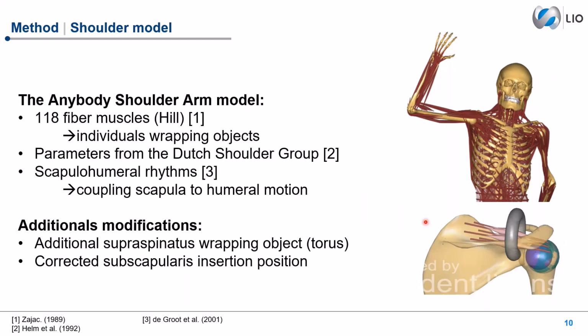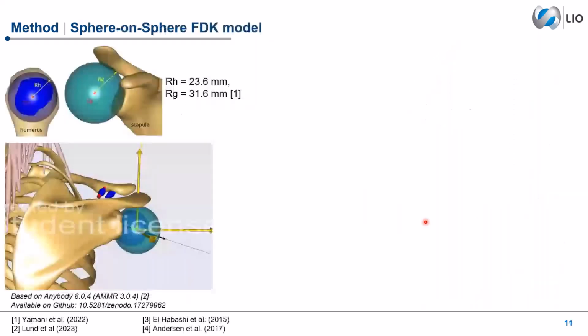In order to have humeral head translation, I removed the ball and socket joint, and I implemented both methods I presented earlier: the Elabashi sphere-on-sphere model with the FDK. We have a small sphere for the humeral head and a larger sphere for the glenoid of the scapula. The ranges come from our statistical shape models, the mean of the radii we have observed at the CHUM hospital.